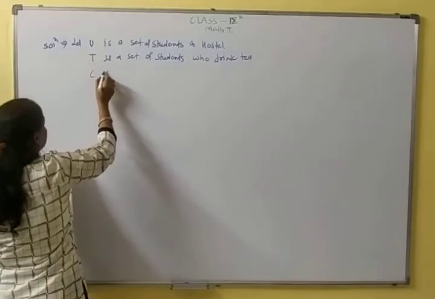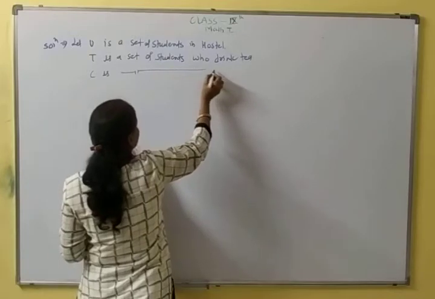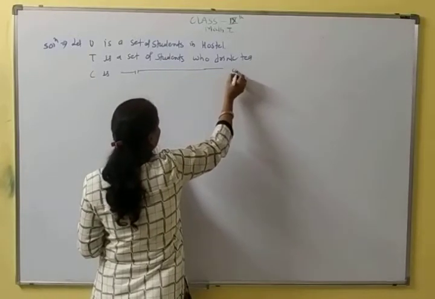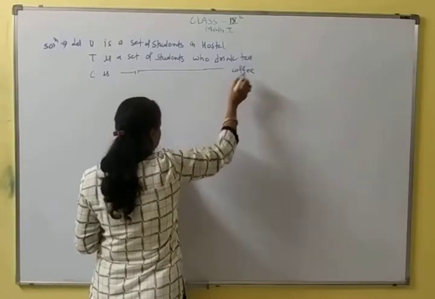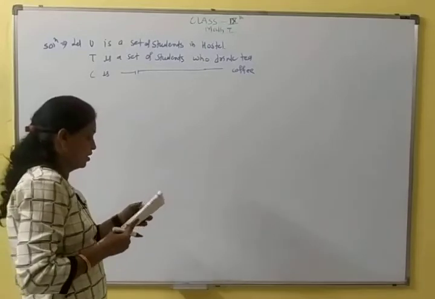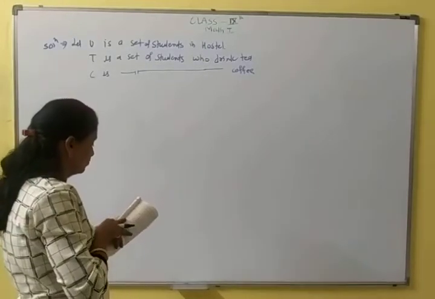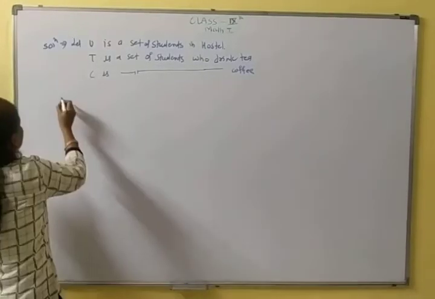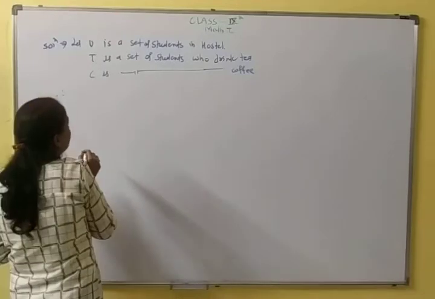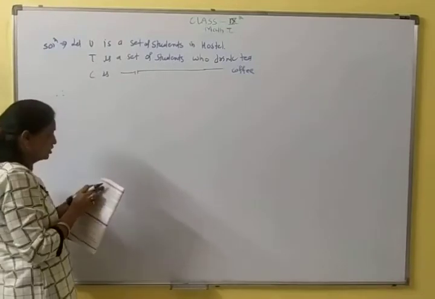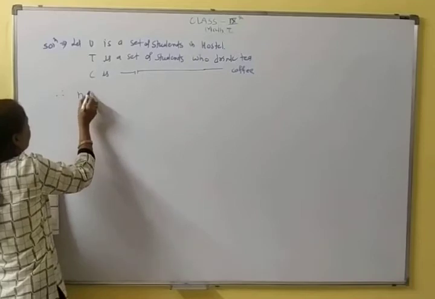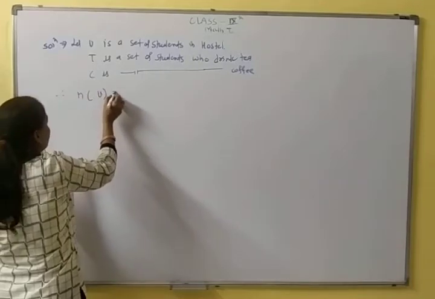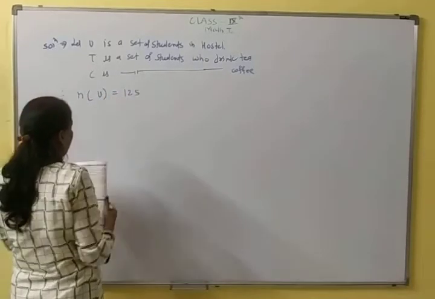C is a set of students who drink coffee. U is the set of students in hostel, and how many students are in hostel? 125. Therefore n of U equal to 125.